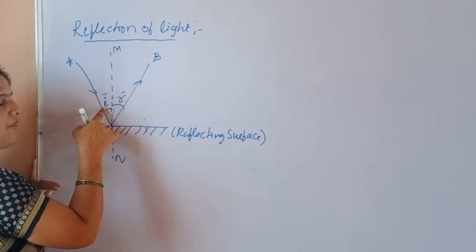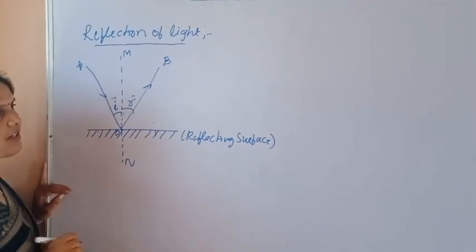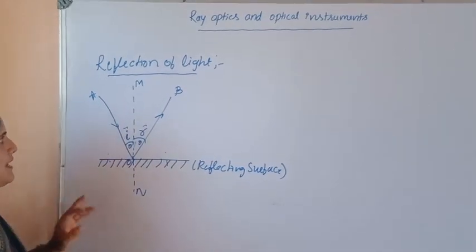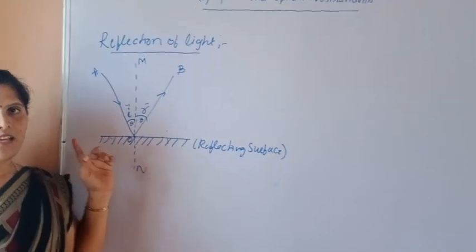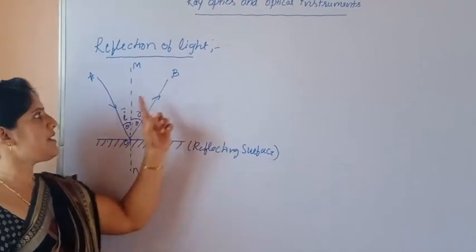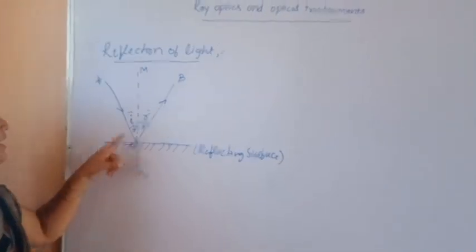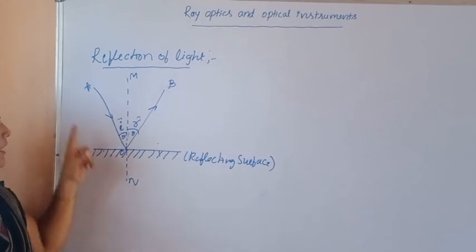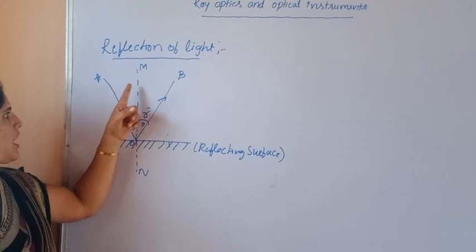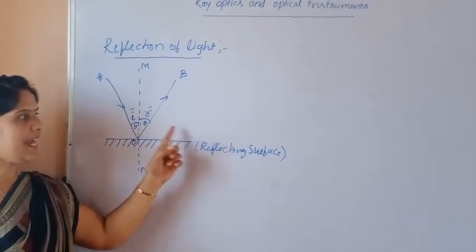Here i is the angle of incidence and r is the angle of reflection. These can also be written as theta. It is clear to you now. OA is the incident ray, OB is the reflected ray, and MN is the normal. Angle AOM is the incident angle, and angle MOB is the reflected angle.